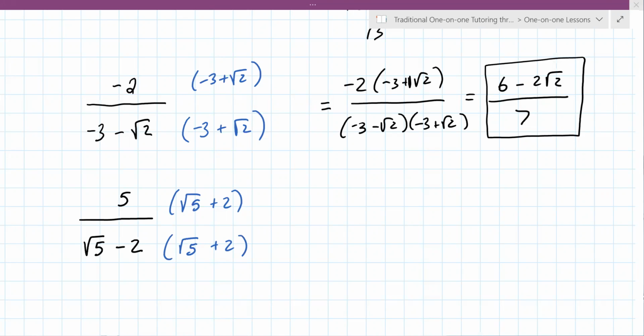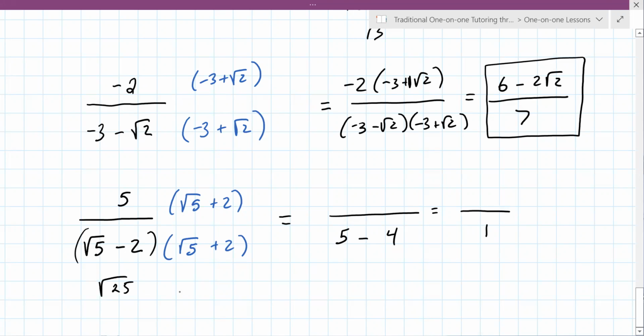So would it be, okay, so it's radical 25 minus 4, and then 5 minus 4, which is 1. Are you talking about the top or the bottom? I foiled the bottom first. Okay, so the bottom becomes 5 minus 4, which is 1. So the foiling is a little different, but it ends up being the square root of 25 plus 2 square root 5 minus 2 square root 5 minus 4.